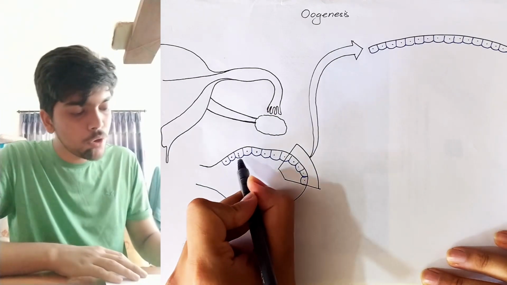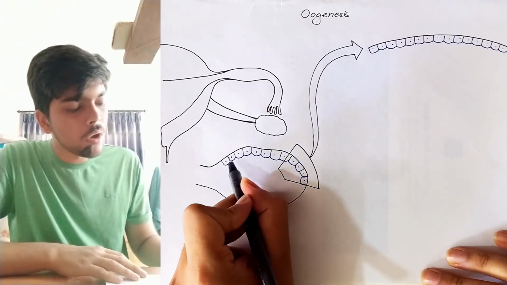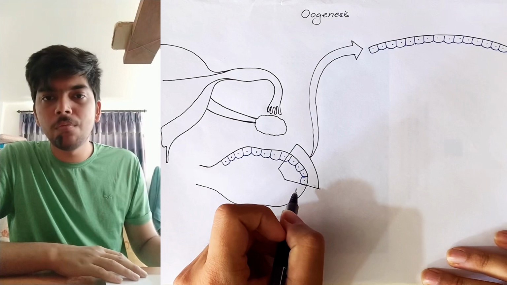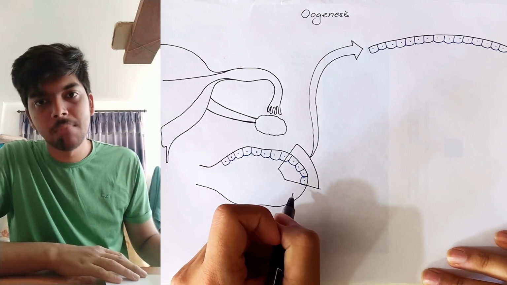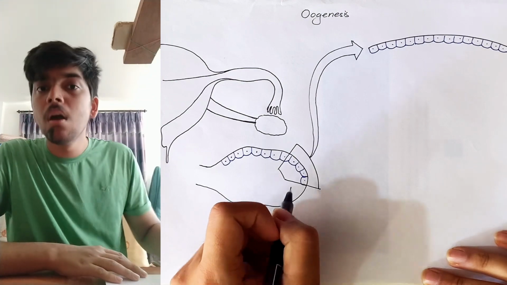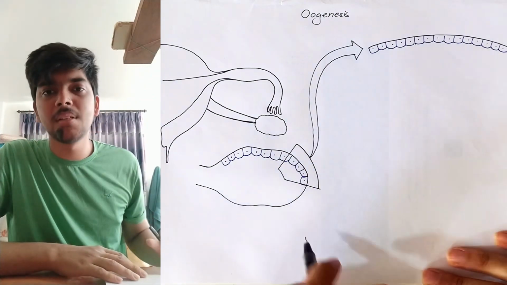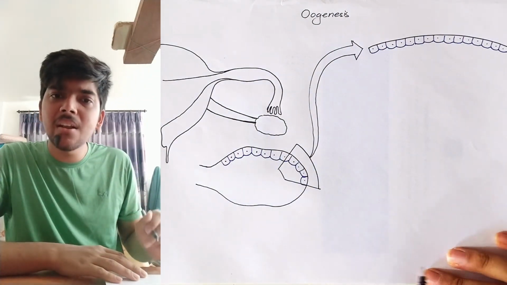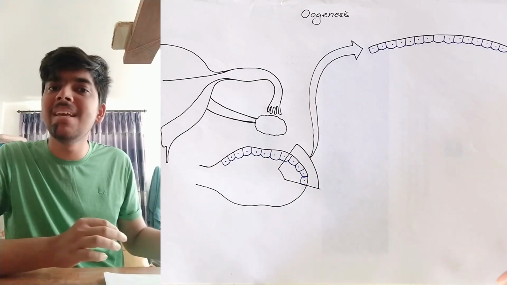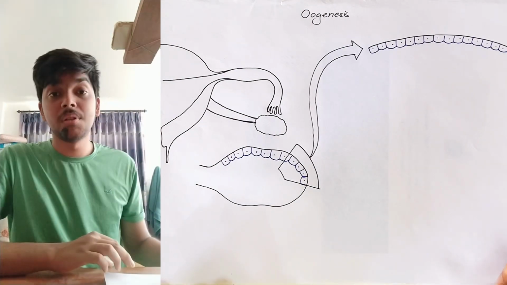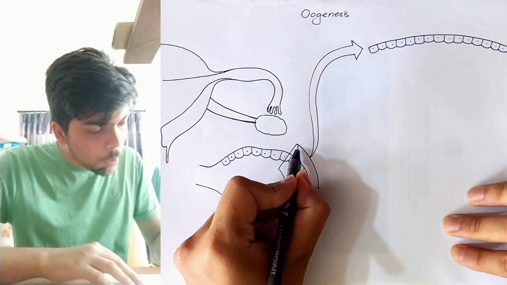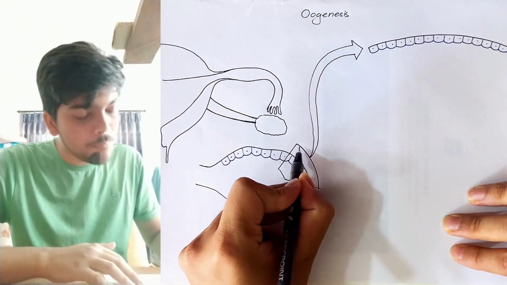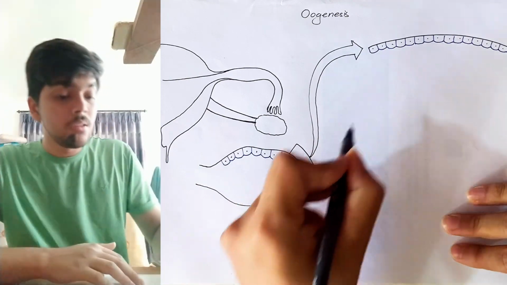Since it is modified to form an egg, it's also called germinal epithelium. Why germinal epithelium? Because it contains germ cells, and germ cells are the cells that are responsible for the formation of any gamete. That's why germinal epithelium.